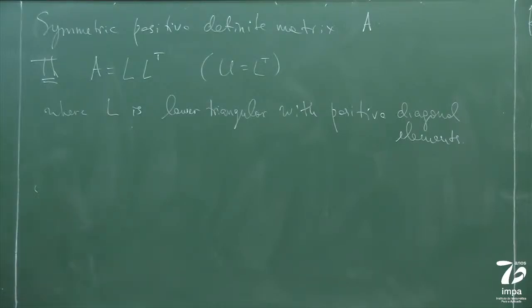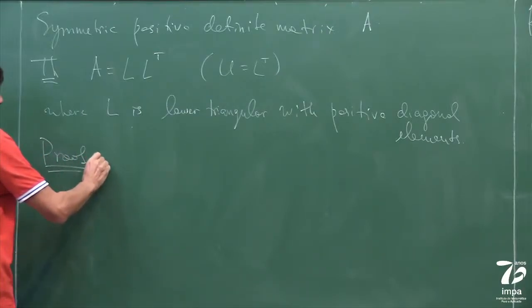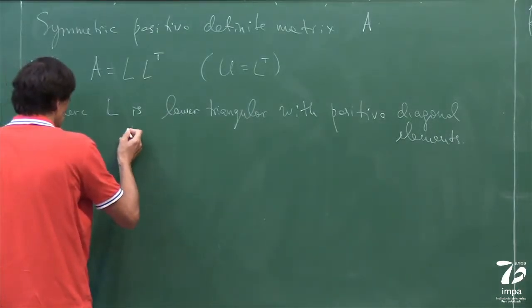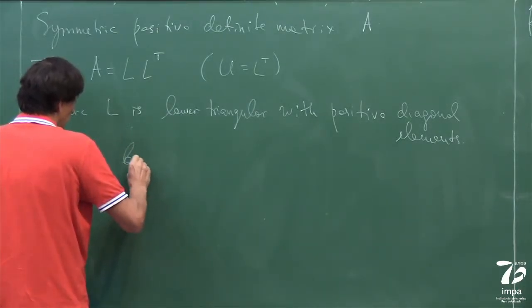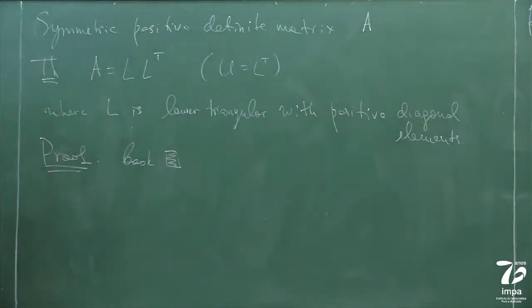Okay, I will not prove it. This is not numerical linear algebra, this is linear algebra, rather. So just take a look in the book at how it can be proved.